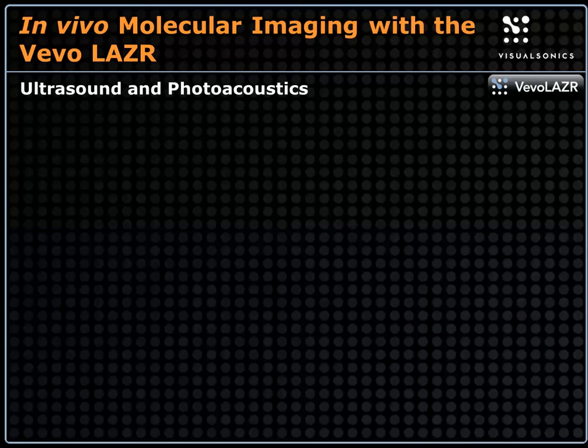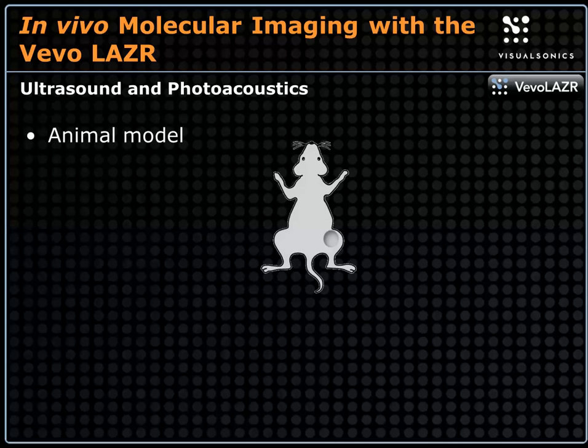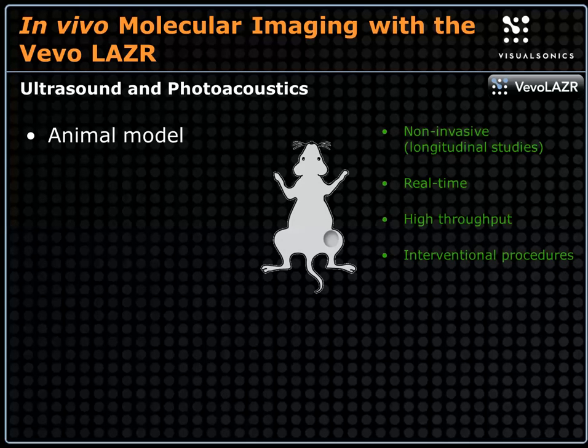I want to talk about how we can use ultrasound and photoacoustics to get around some of these limitations of the other modalities, beginning with the animal model. Because ultrasound and photoacoustics is non-invasive, we can use the same animal as its own control for doing longitudinal studies. We can do imaging in real time.